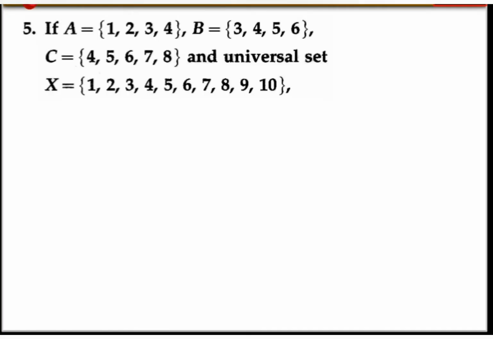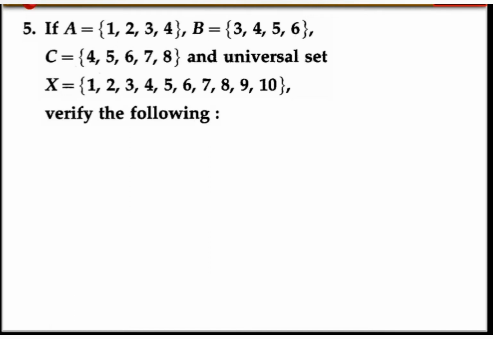Question number 5. If A is equal to {1, 2, 3, 4}, B is equal to {3, 4, 5, 6}, C is equal to {4, 5, 6, 7, 8}, and the universal set X is equal to {1, 2, 3, 4, 5, 6, 7, 8, 9, 10}.